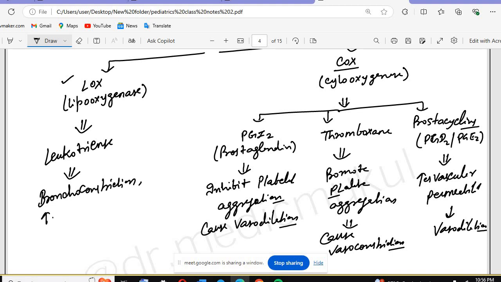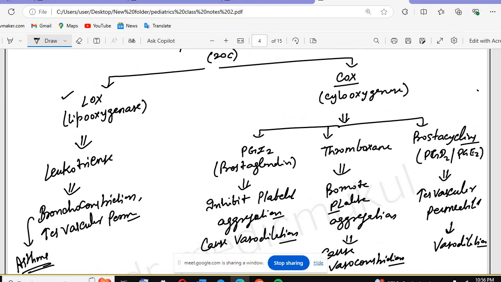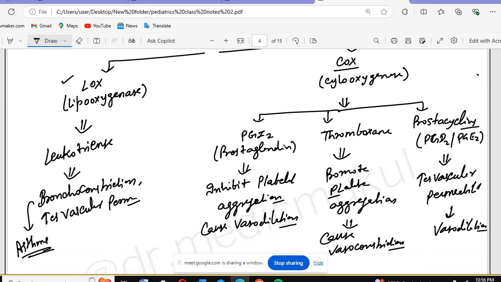They increase the vascular permeability, meaning vasodilation. If bronchoconstriction is there, it will cause asthma. So we can give leukotriene inhibitors to prevent asthma, and if we inhibit the leukotrienes, it means we can dilate the bronchus.